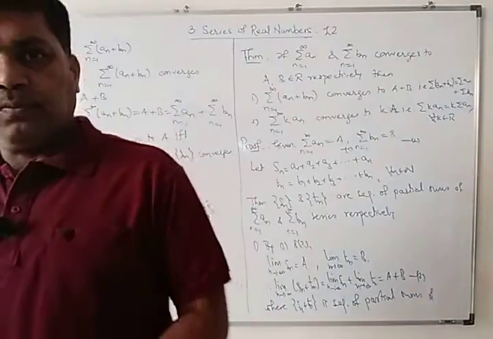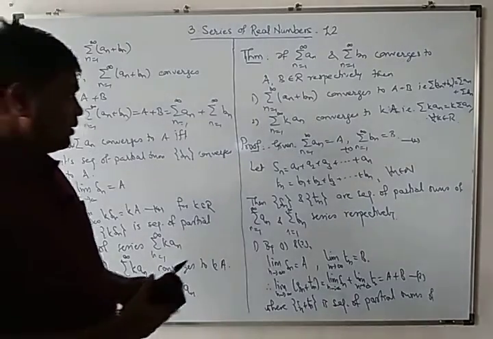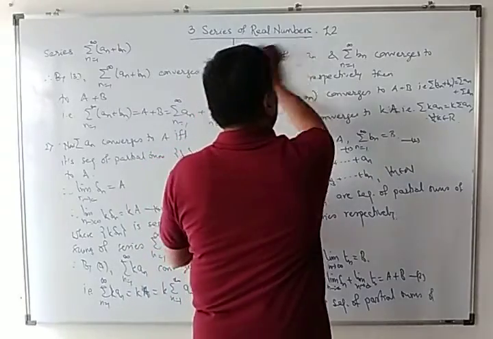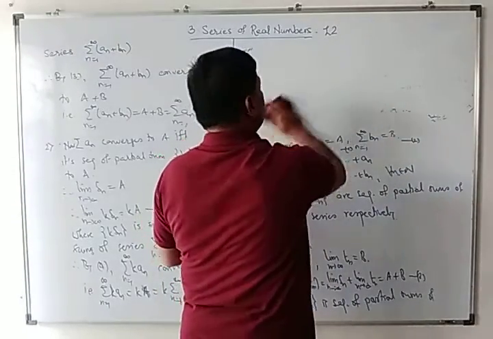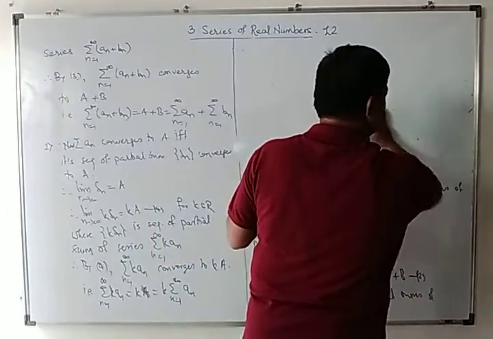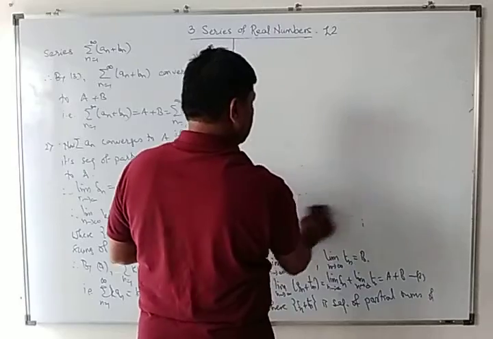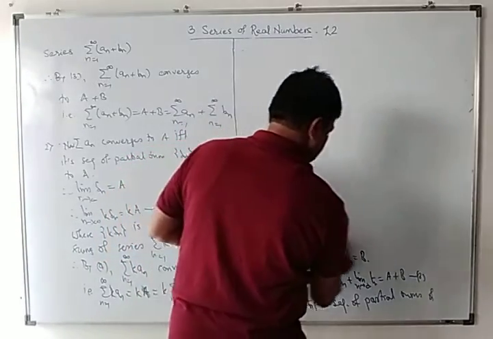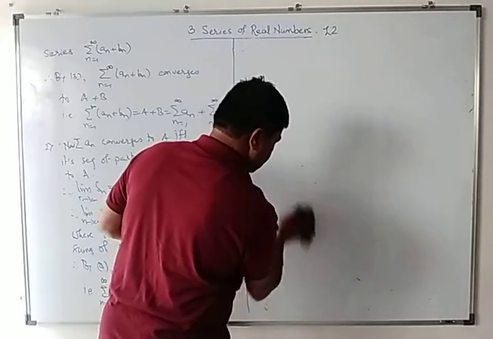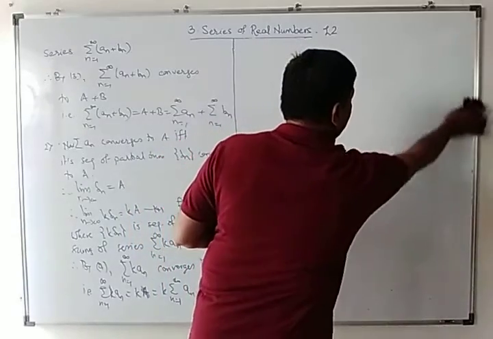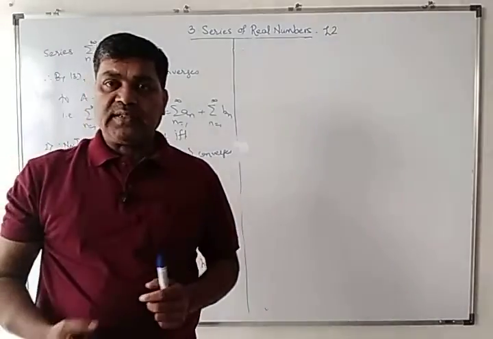So this is about the algebra of series. Now here, summation of an converges to A, summation of bn converges to B, then summation of an minus bn also converges to A minus B, because I can write summation of an minus bn as summation of an plus minus bn, and then it is nothing but summation of an plus summation of minus bn, and then I will take minus 1 outside from it.